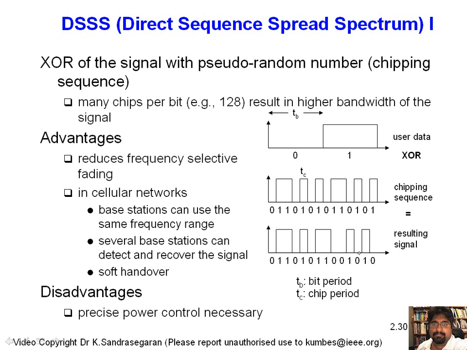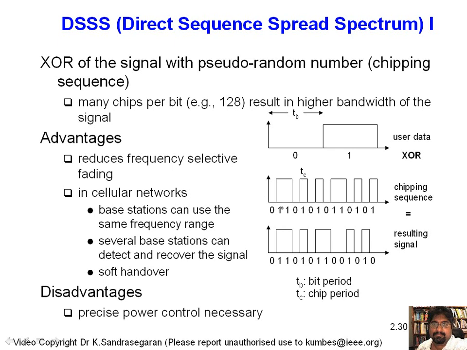You can see that if this was the original user signal, which would have been a narrowband signal, now we are transmitting a much higher frequency signal because you are multiplying it by the chipping sequence.